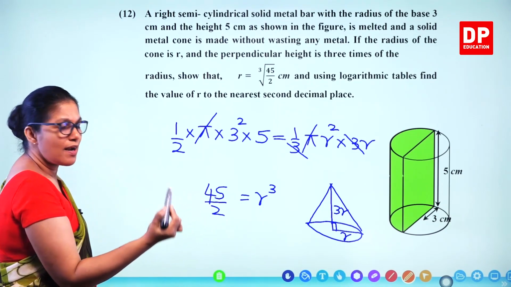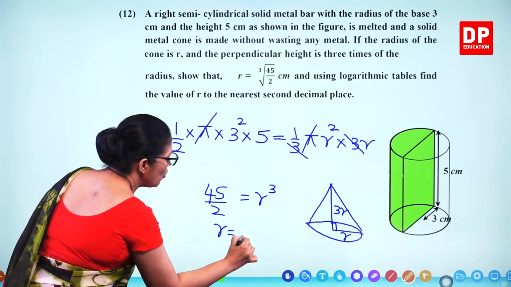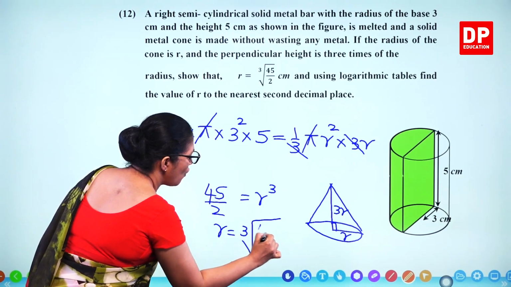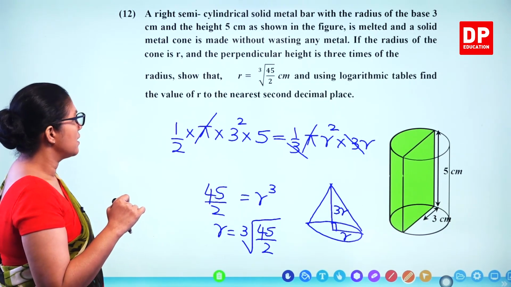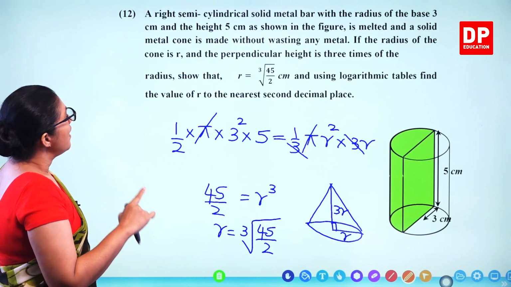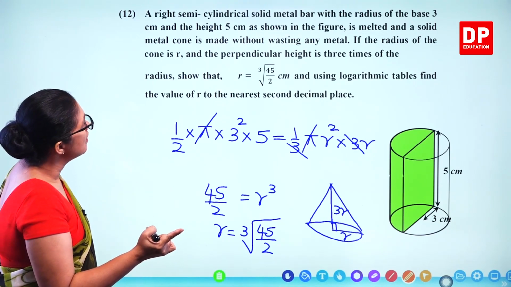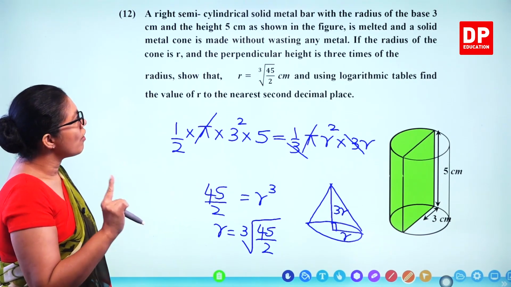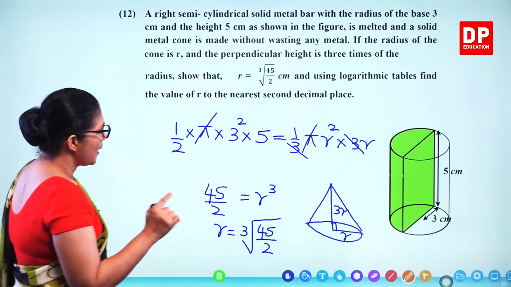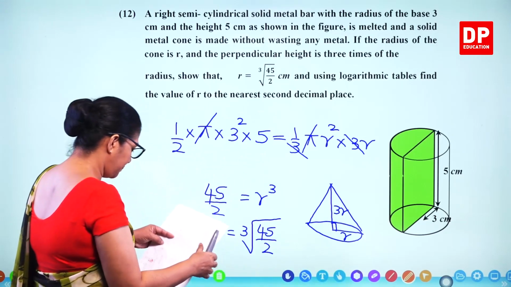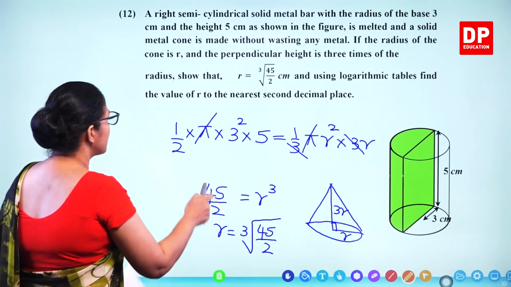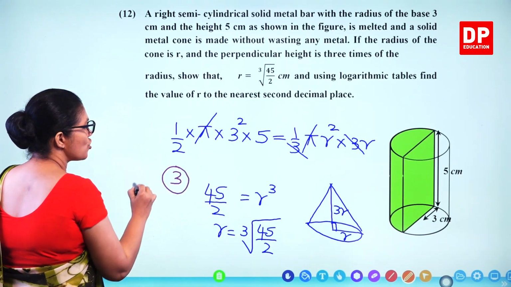So r is the cube root of 45 over 2. So that's what you need. And we'll find the value using logarithmic tables. We can give 3 marks for showing this equation.